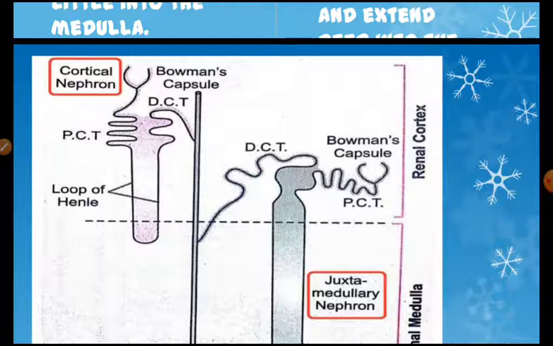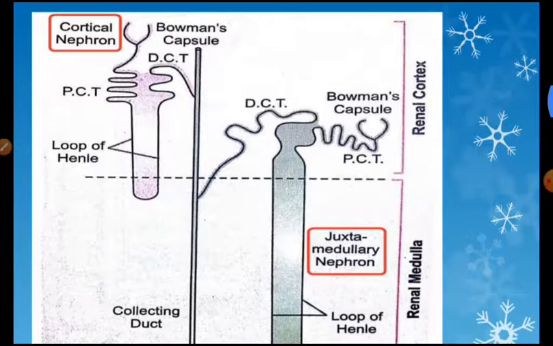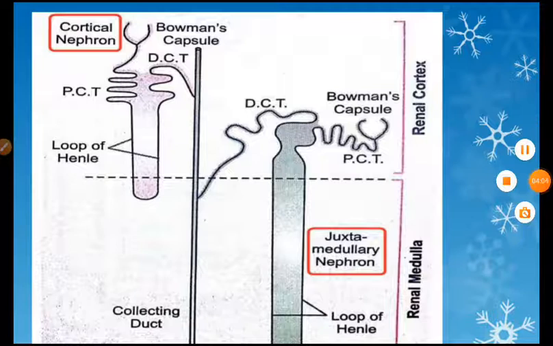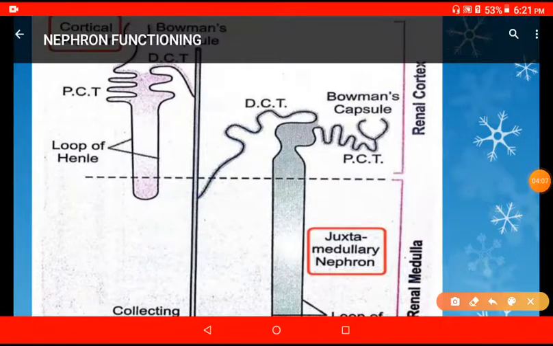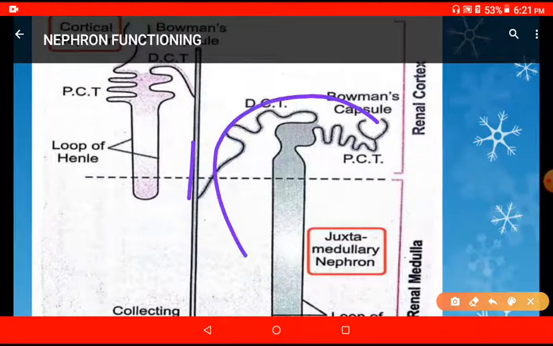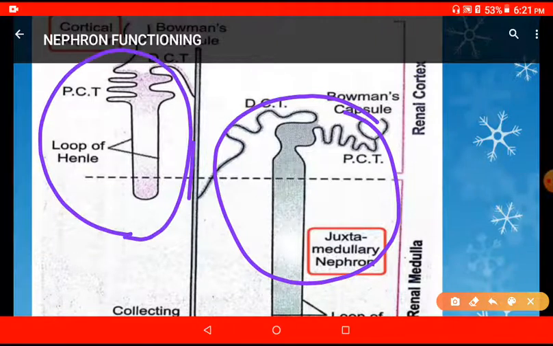Let us see, here is the size difference. This one is the juxtamedullary nephron, and this one is the cortical nephron. This is the size difference among these two.